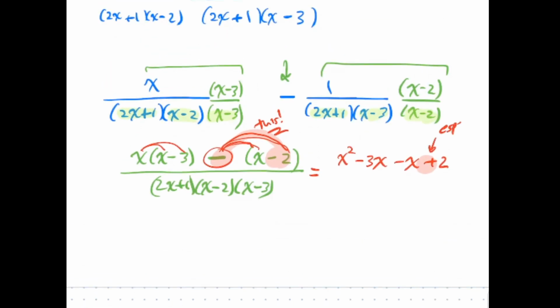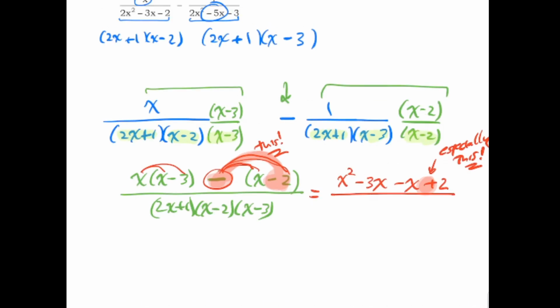Especially this, because this is usually where the error ends up. It's amazing how many times I'll see a minus here instead of a plus, but it's a plus, right? The math doesn't lie. This is a minus times a minus over here. Minus times a minus gives you a plus, okay?